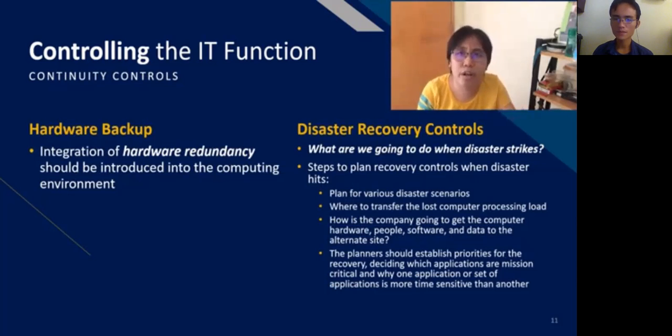Let's say, for example, if you're going to buy a disk storage, one way for you to integrate hardware redundancy is that you buy multiple disk storages just to ensure that you have a hardware-safe way for you to store your data.